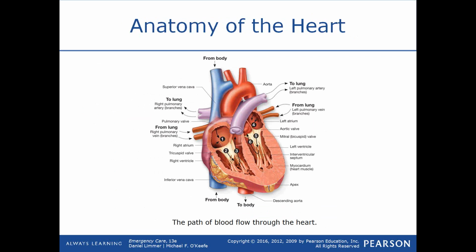So here is the anatomy of the heart with the direction and flow of blood being identified by the 1, 2, 3, 4, 5, 6. And it's important here that as an EMT, you understand how blood flows through the heart and what happens when that pump doesn't work right.